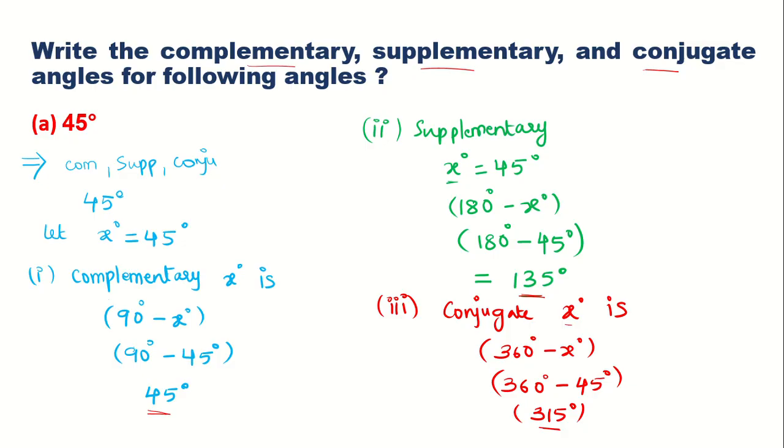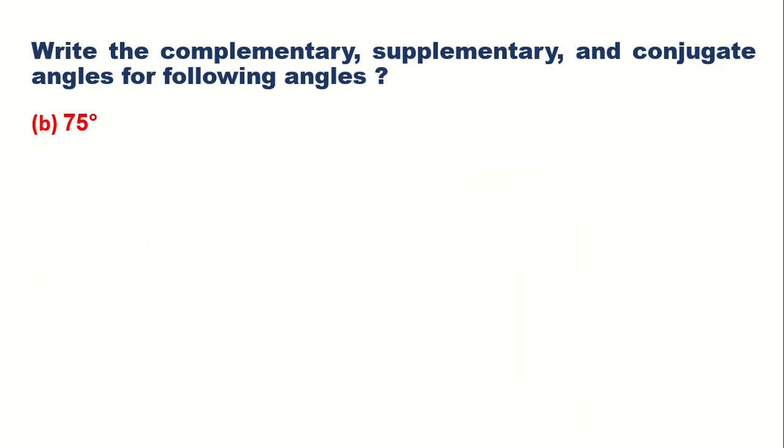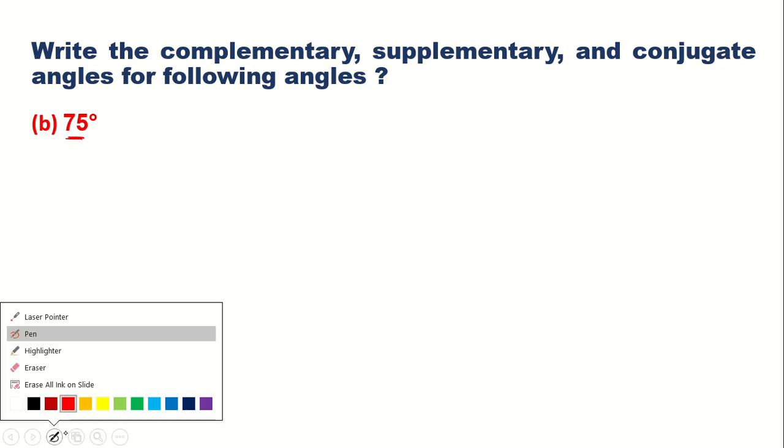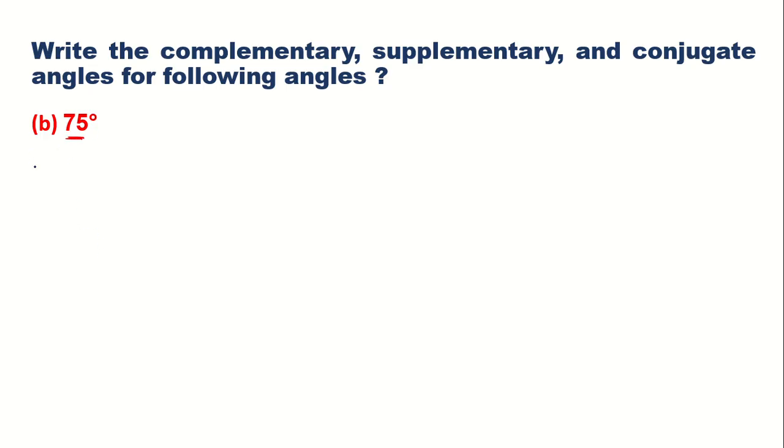Let's see a few more problems. See here, the given x degrees is 75 degrees. The first thing we need to find is the complementary, right? Complementary of x degrees is what? 90 degrees minus x degrees.